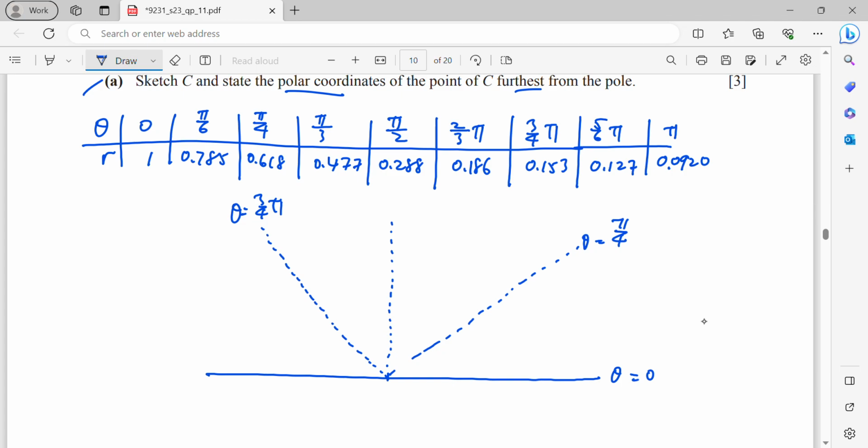Okay, then pi over 6. Then this is pi over 3.